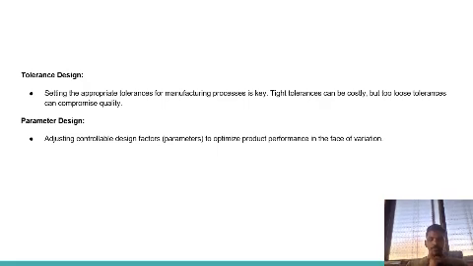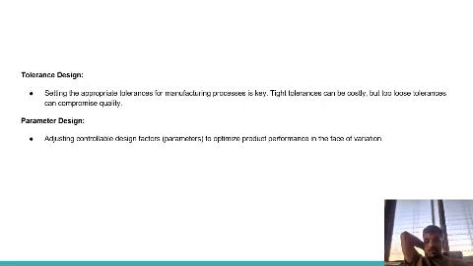If we try tight tolerances, the quality will be good, but it affects the cost of the product, which may go out of the customer's budget. But when we go for too loose tolerances, quality for the customer can be compromised.